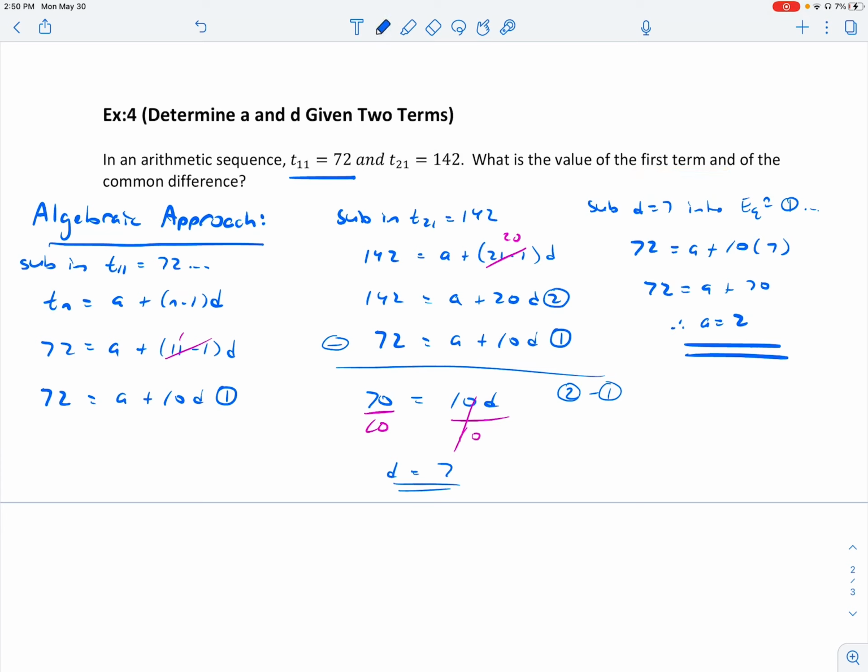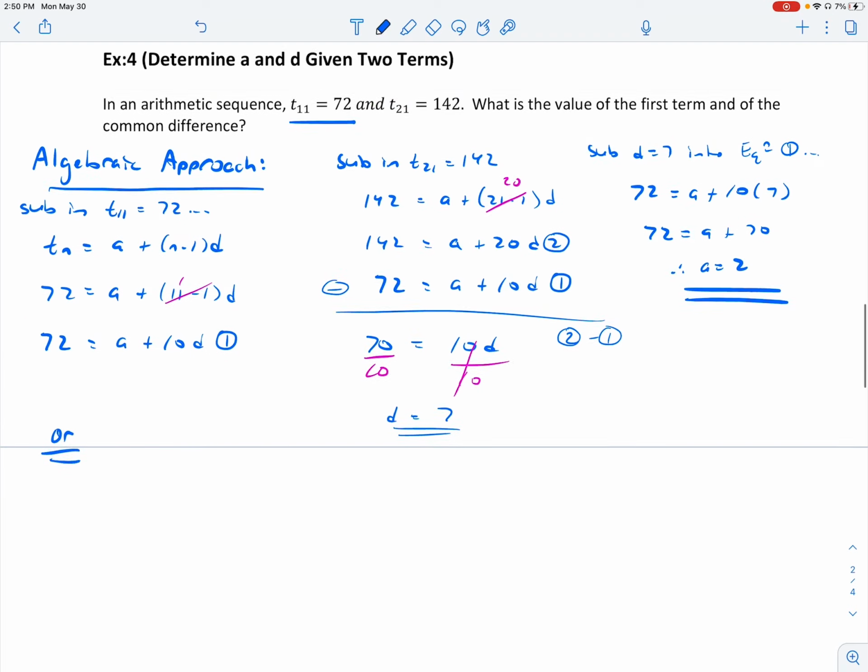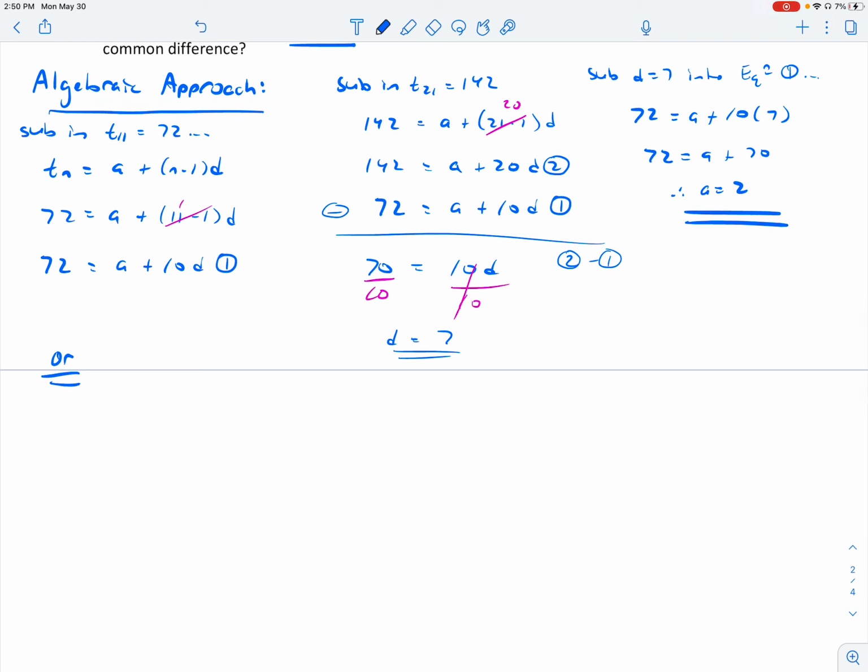So you might have already thought of this. Maybe when you read the question, you thought, okay, that's actually not too hard. I don't really need to do all this. If I know this is the 11th term and this is the 21st term, then these are 10 apart. So, or, this is like an intuitive approach, I'll say.